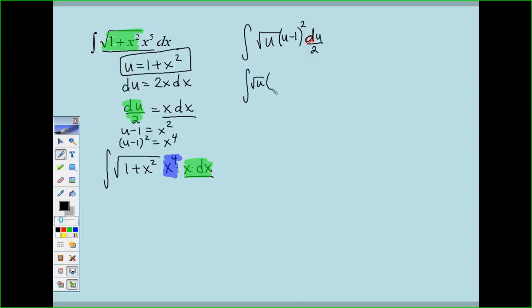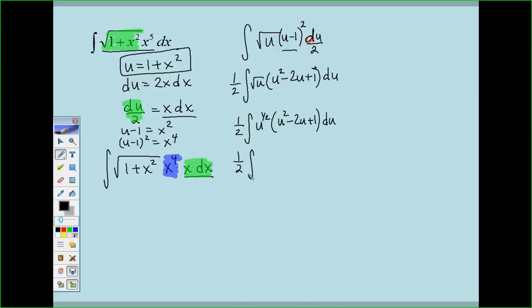Let's expand this quantity into u squared minus 2u plus 1. And let's bring the 1/2 out front. And then let's multiply the square root of u through the parentheses. So this is u to the 1/2. And when we multiply this through the parentheses, we know we would add the exponents.